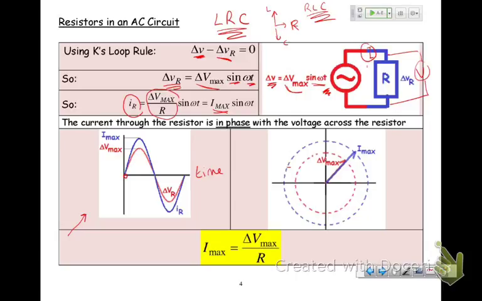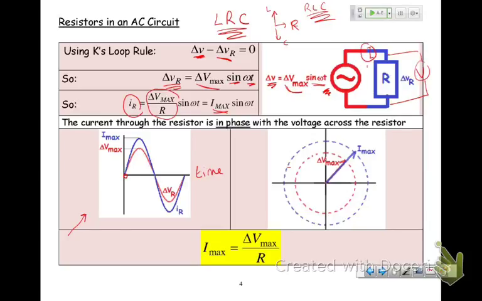And here's the interesting plot, which is when I plot out on a phasor diagram, so I'm going to basically pick an instant in time, and I send this across here, I get two different traces.